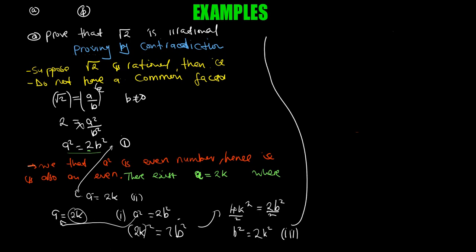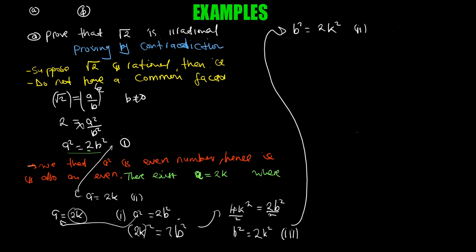So what we do now is you say another case has happened. We have now b squared is equal to 2k squared. This is our equation 3.